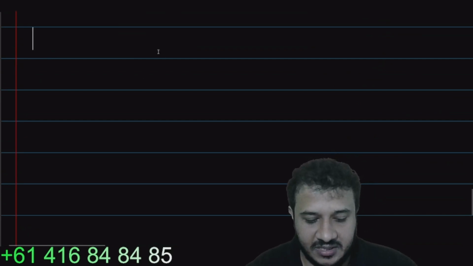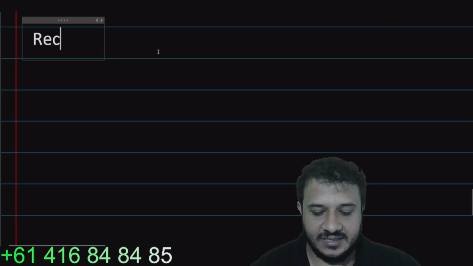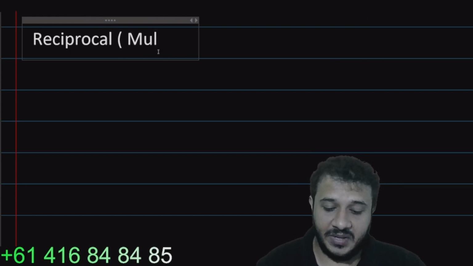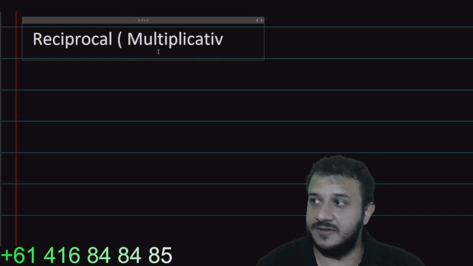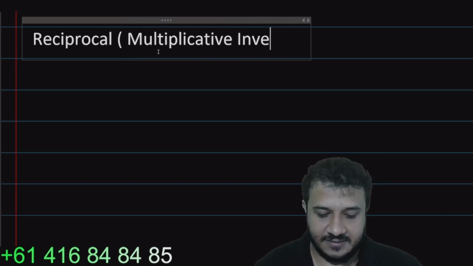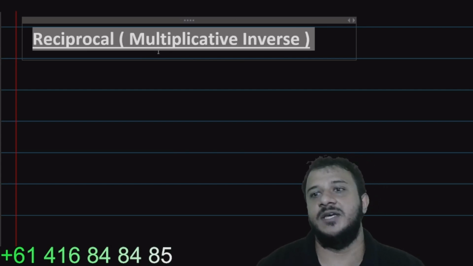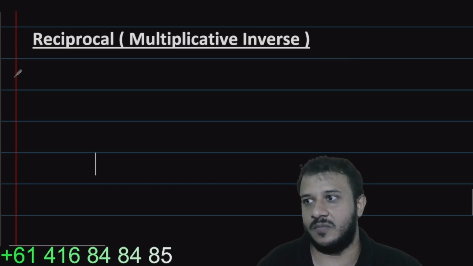Yes, something important. A process called reciprocal. Some people call it multiplicative inverse. Reciprocal and multiplicative inverse mean the same thing.